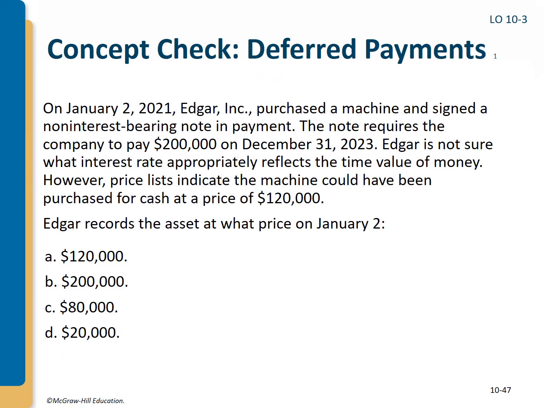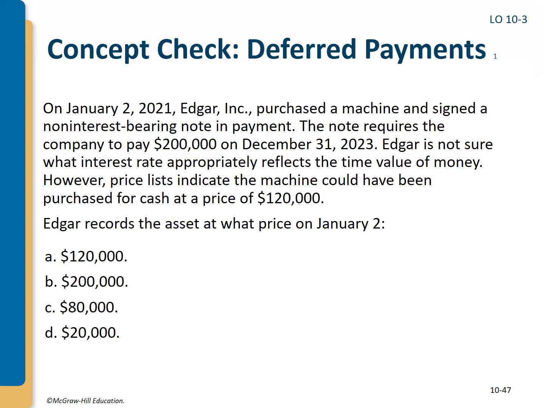On January 2nd, Edgar purchased a machine, signed a non-interest-bearing note. The note requires the company to pay $200,000 on December 31st, 2023, in 2 years. Edgar is not sure what interest rate reflects the time value of money. However, the machine would have been purchased at $120,000. So today the present value is $120,000 on this machine, the future value $200,000.